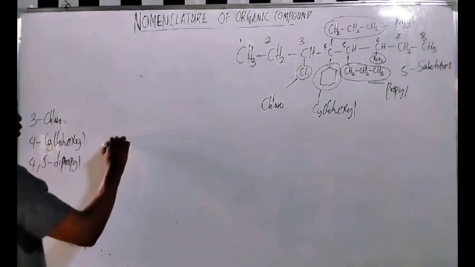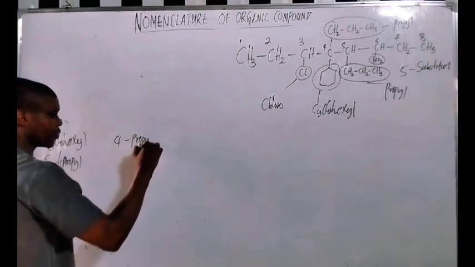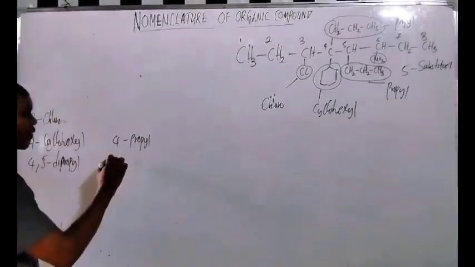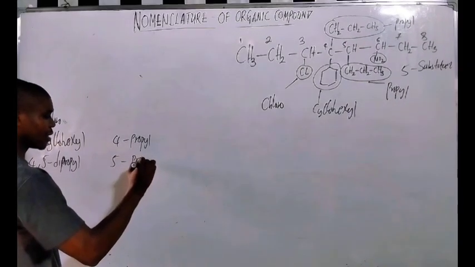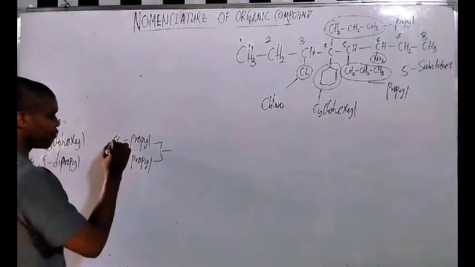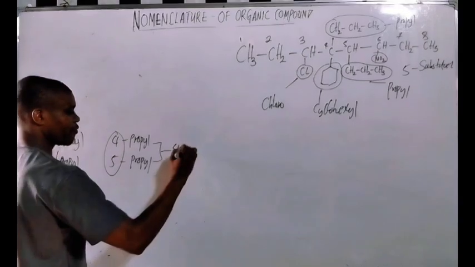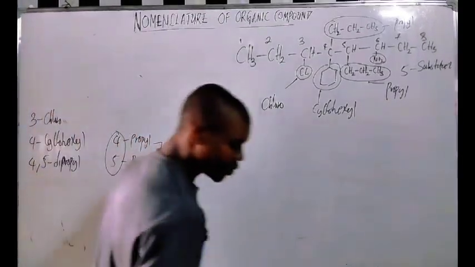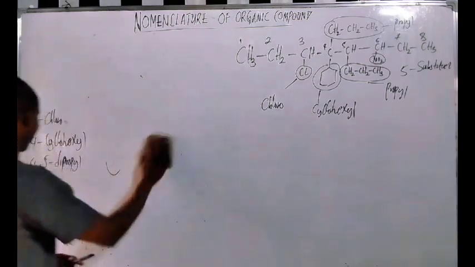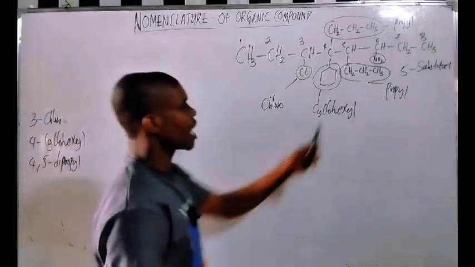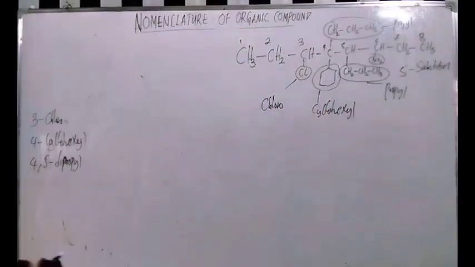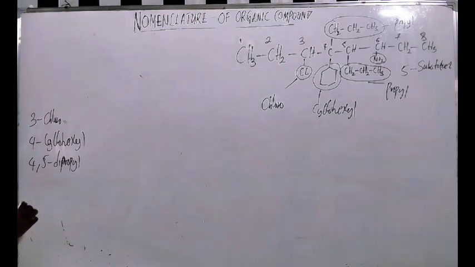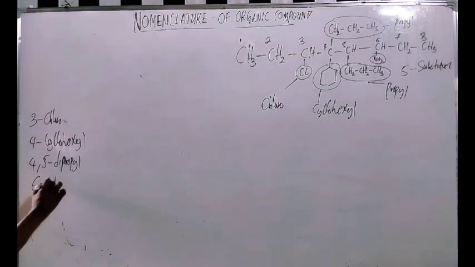One is on carbon number 4, propyl. One is on carbon number 5, propyl. When you combine them together, it's going to be 4,5-dipropyl. Now carbon number 6 has a nitro, so you have 6-nitro.